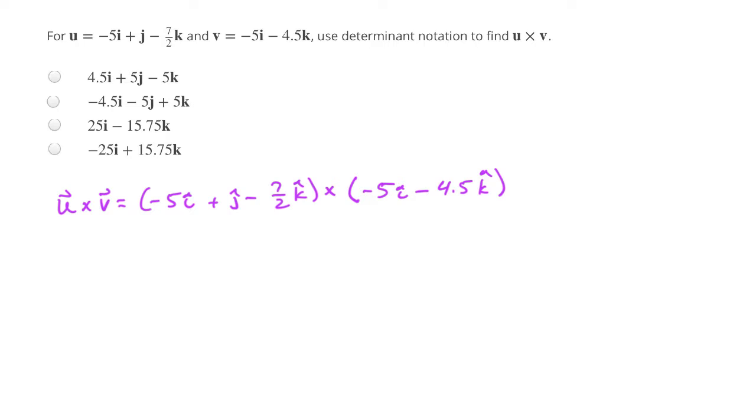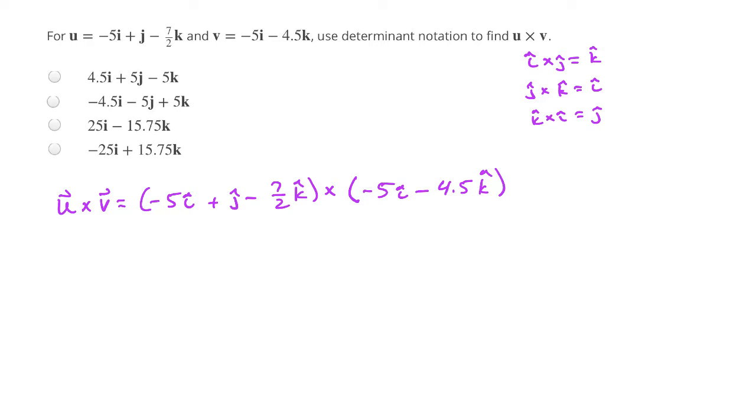Now, in computing these algebraically, remember that we have our cycle notation, where i cross j is going to give us k. Then, permuting these things cyclically, we just shift everybody over one place. So we have j cross k, giving us i, and then finally k cross i, giving us j.